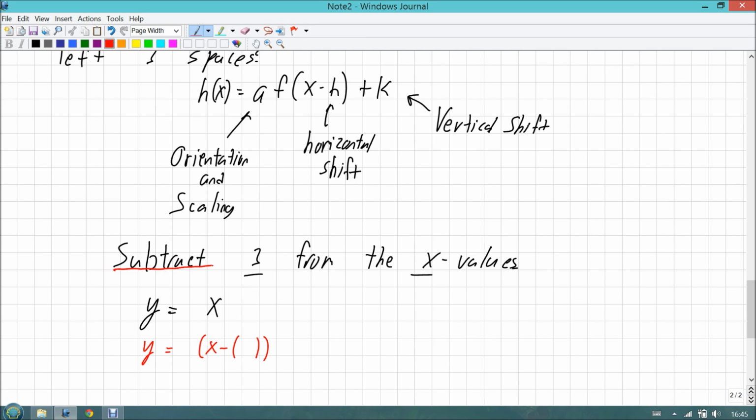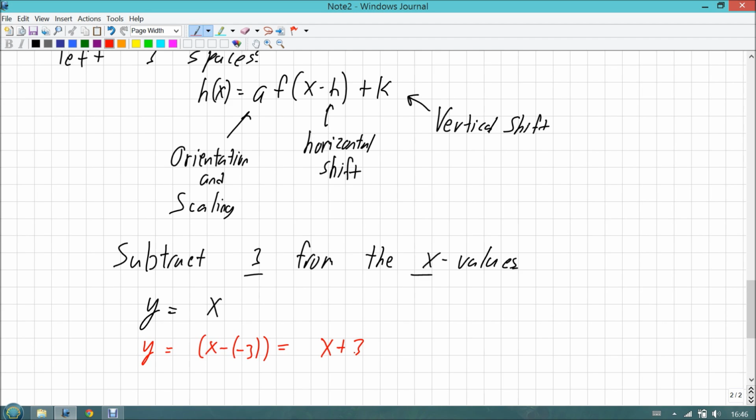Because I am going to the left, that means that I subtract. So I put a negative 3 on the inside. Now we have x minus negative 3, which is really x plus 3. So a horizontal shift to the left 3 spaces would have the equation of x plus 3.